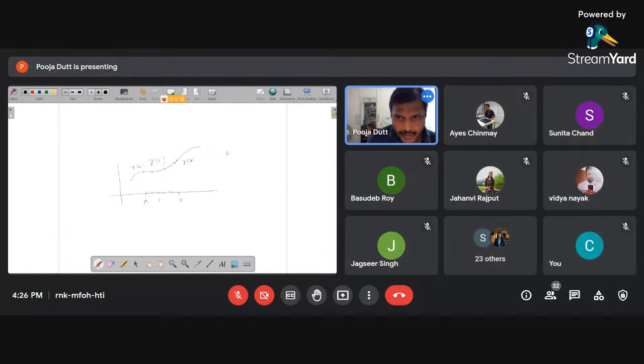If two points are there, t1 and t2, where t1 is less than t2, accordingly I'll be getting the points on the curve. For t1, the first point I'll get is gamma(t1), because t1 comes first. Since you are tracing, gamma(t1) appears first, then gamma(t2) appears.